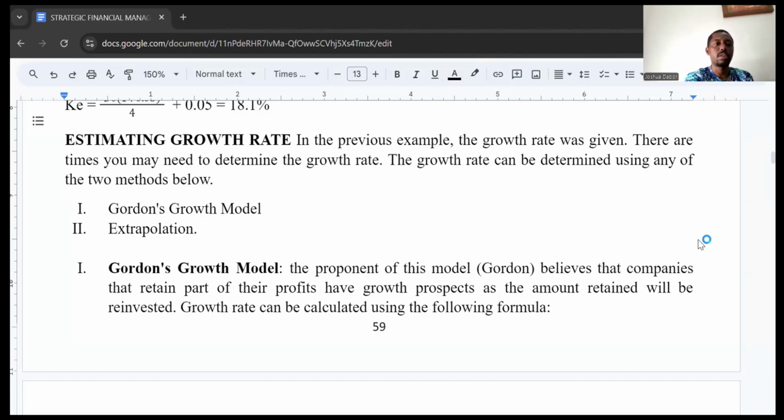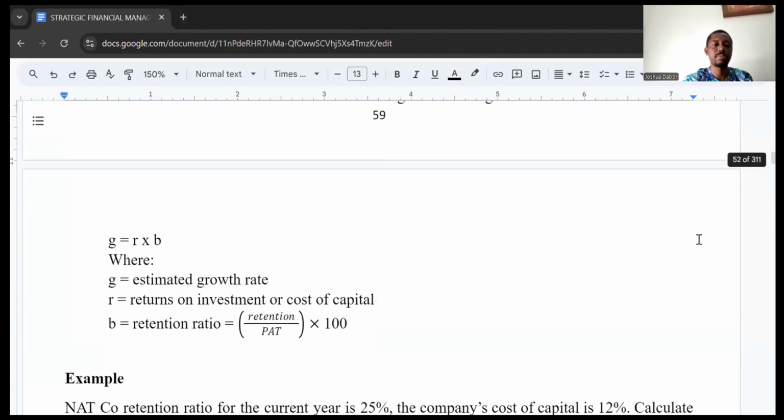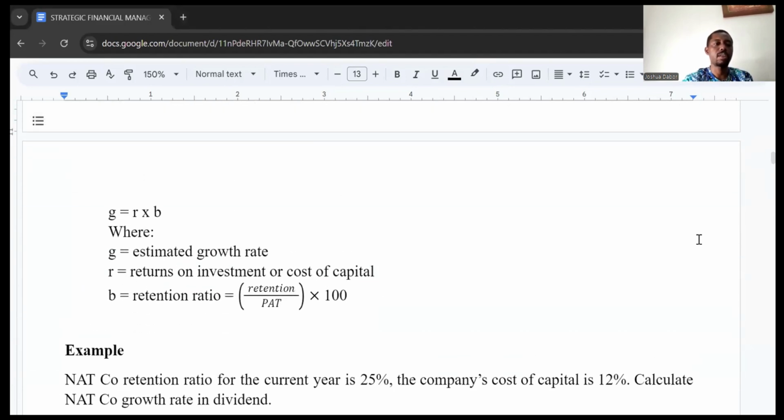Let's look at a question using the Gordon's growth model. So this is the formula for the Gordon's growth model. That growth is equal to retention.